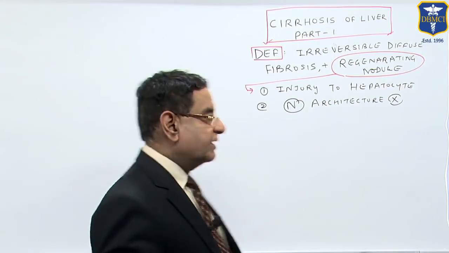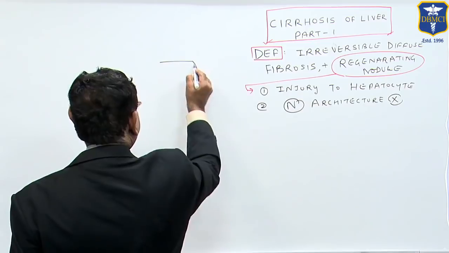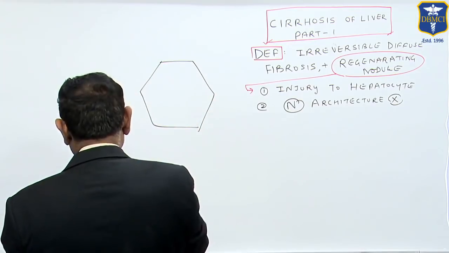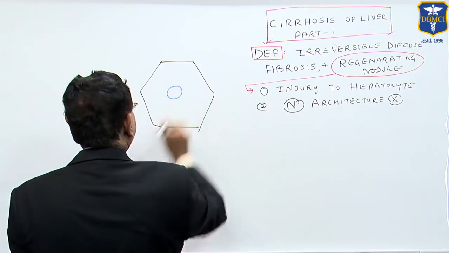Now normal architecture, let us learn what we get in a normal liver. This is the central venule. Here is the portal triad.